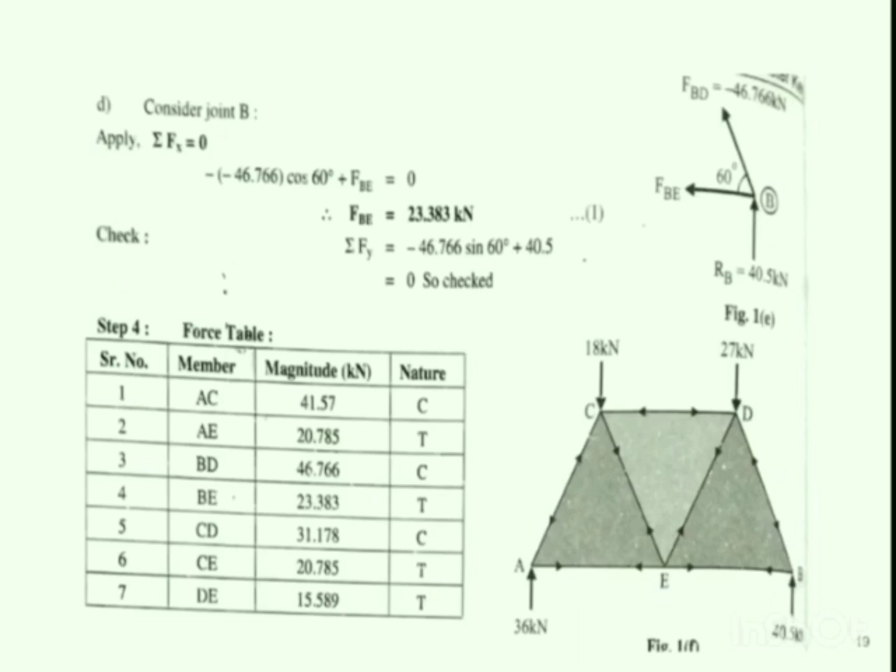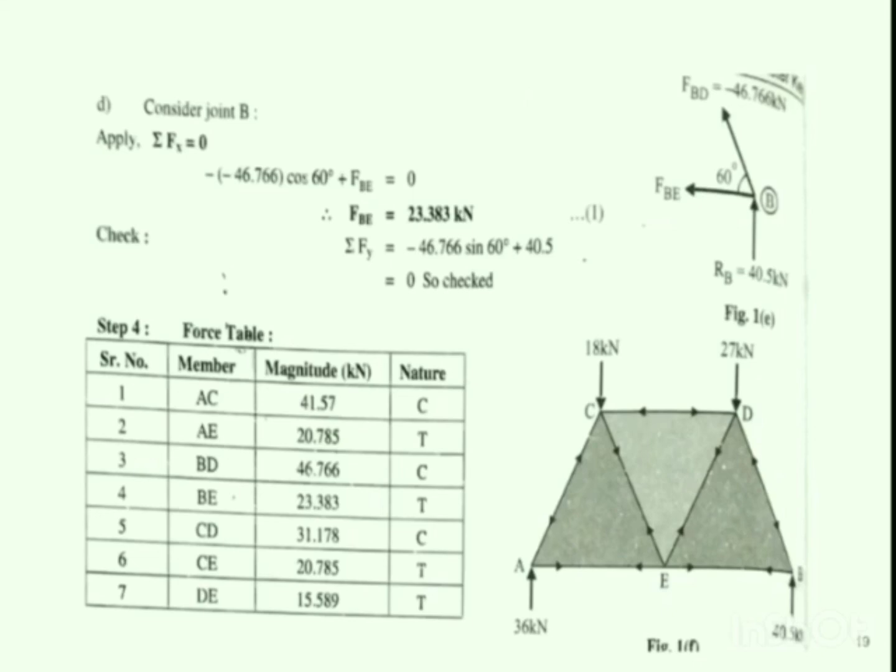Now there is a check that has been performed just to understand whether the answer we are getting is correct or incorrect. Over here you can see summation Fy is equal to minus 46.766 sin 60 plus 40.5. So we got the value of summation Fy equal to 0.